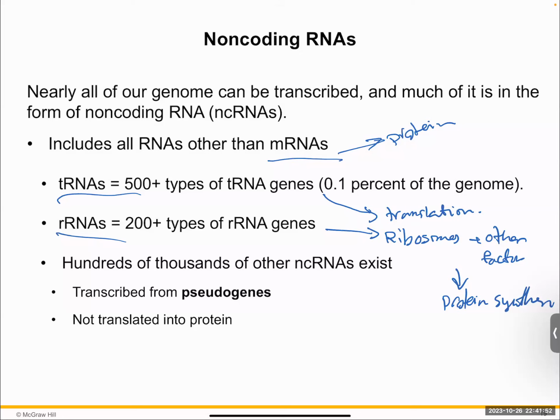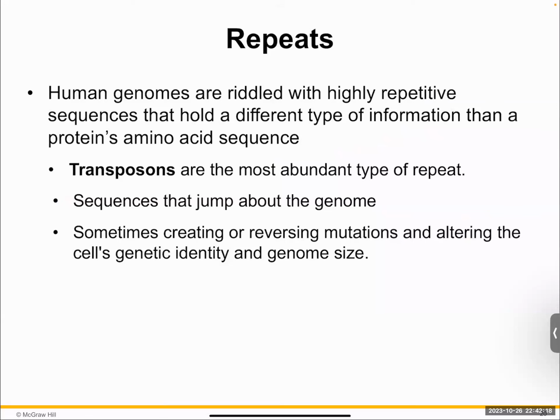And in reality, there are hundreds or thousands of non-coding sequences present in our body. And a lot of them might be transcribing to what we call pseudogenes. Pseudo means fake, right? So even though they look like a gene, they do not encode for a protein. They're not translated into proteins.